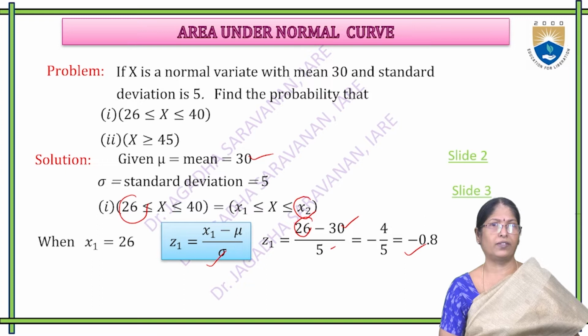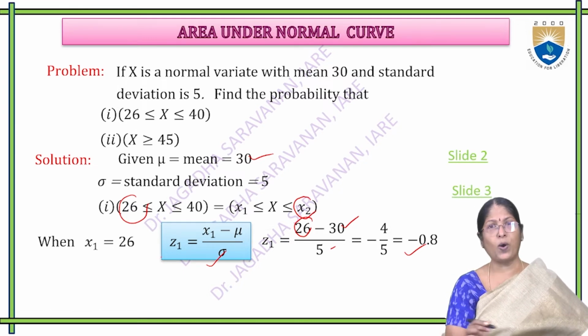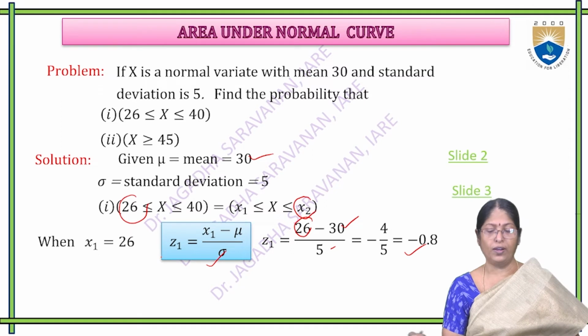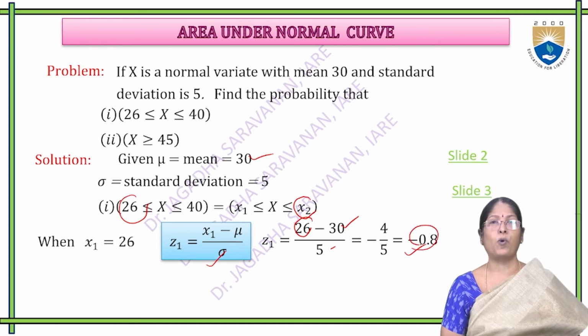Two methods are there. The first method we are discussing in this video lecture, where both mean and standard deviation are given. If they are not given, there is a next method. Now x1 is converted into z1 and we found the value minus 0.8.